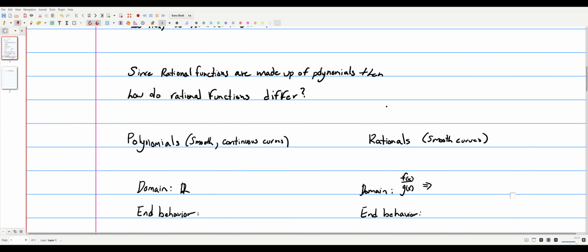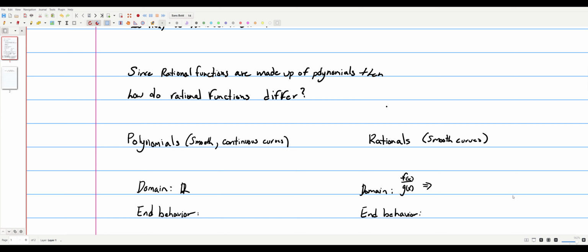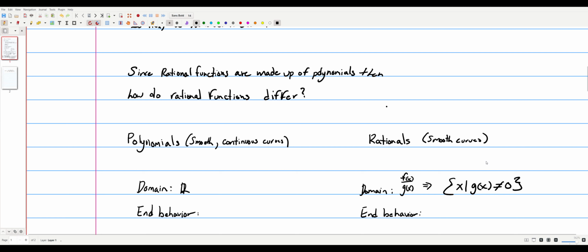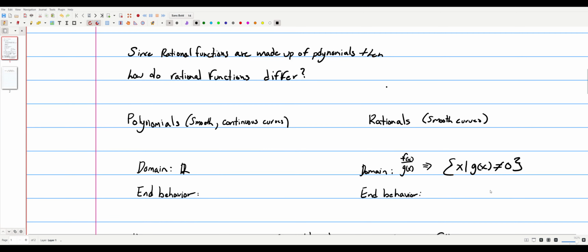Our domain for a rational function is going to be the set of x such that g of x does not equal 0. Because we never want our denominator to be 0, since we can't divide by 0, we can't use any x's that make the denominator 0.